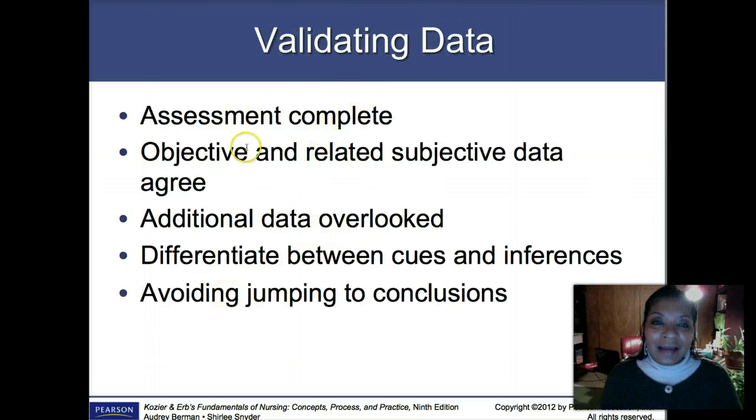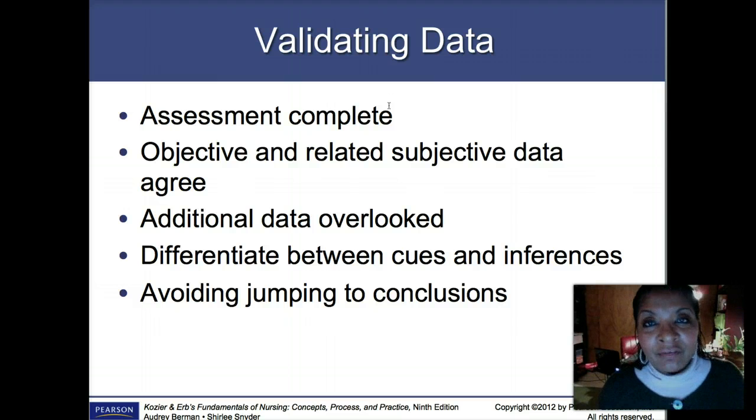And we want to validate the data. Once your assessment is complete, you want to make sure that what you have documented, or are going to document, is correct. You don't want to jump to conclusions. You don't want to say, because the patient says he has pain, they're having a heart attack.